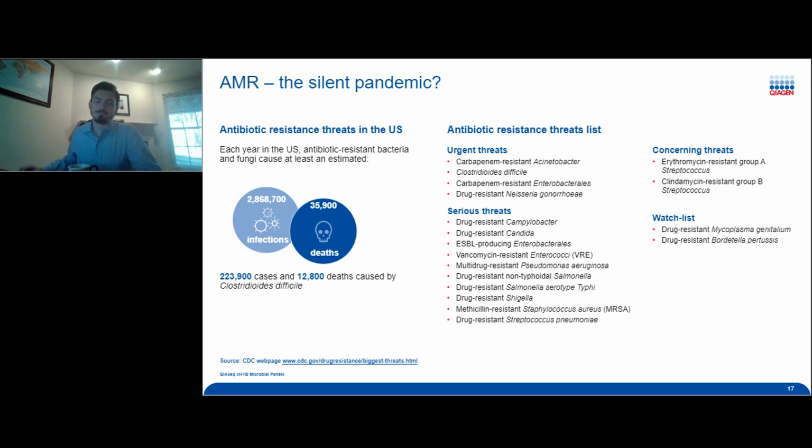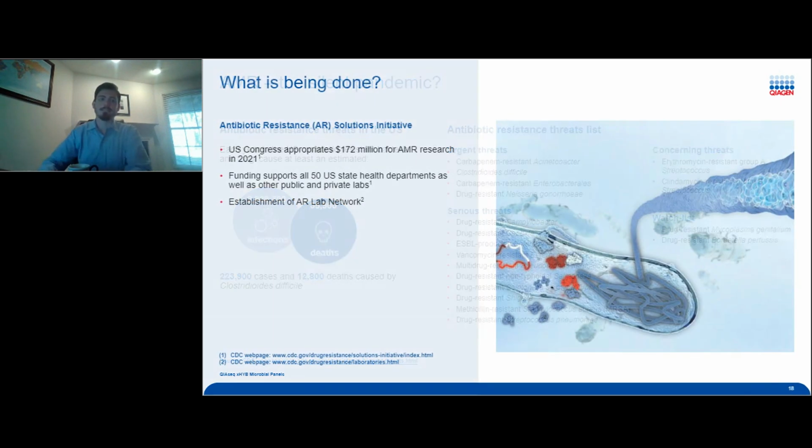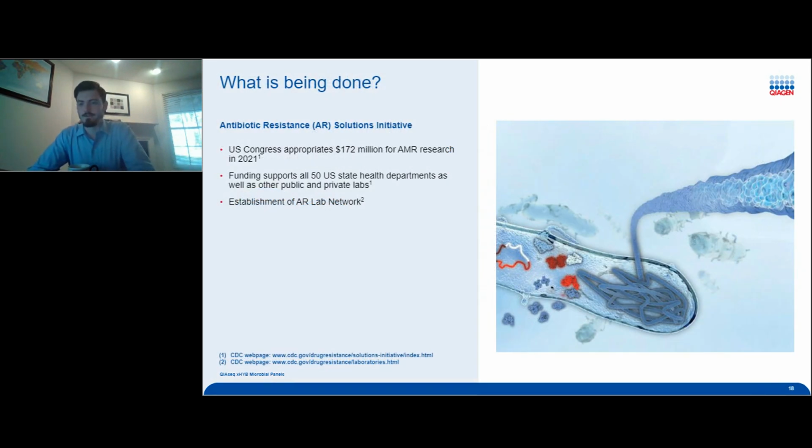And with that, the United States CDC has, in just 2021, put aside $172 million for AMR research, as well as has established a network of labs that includes every single U.S. health department in terms of AMR research and AMR surveillance.